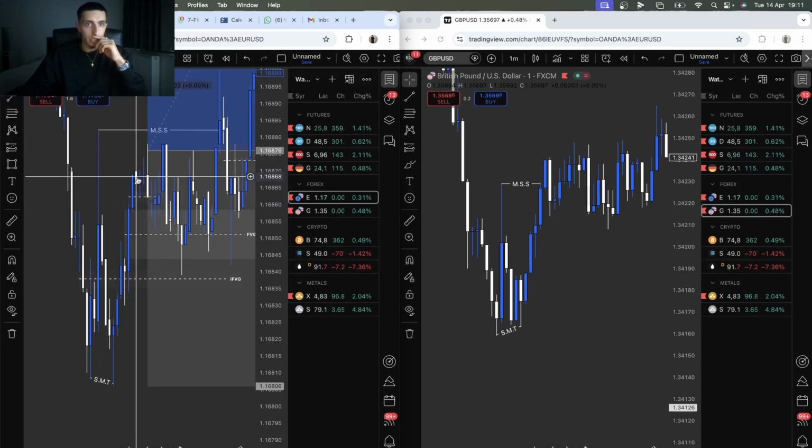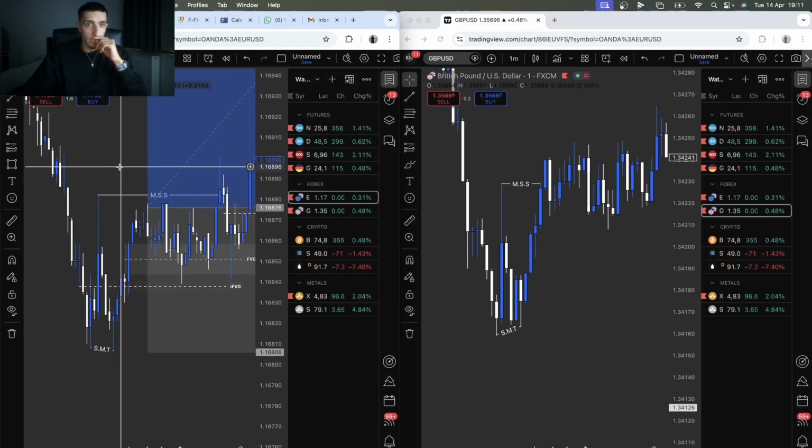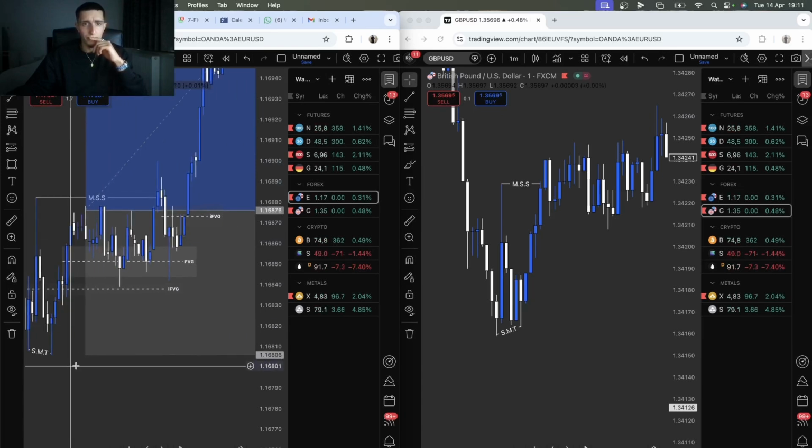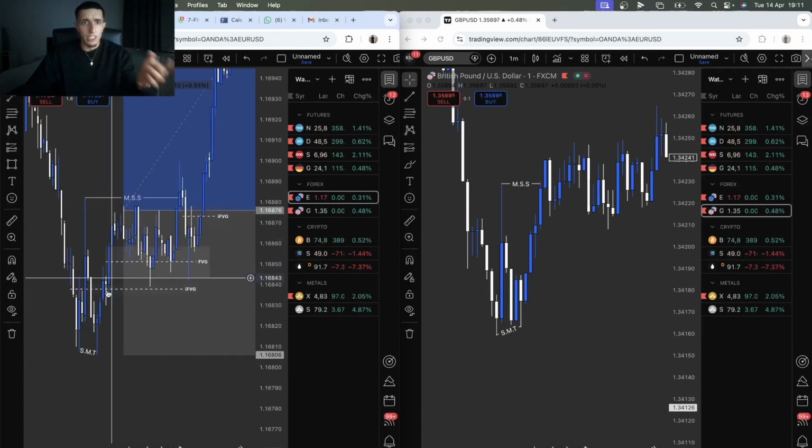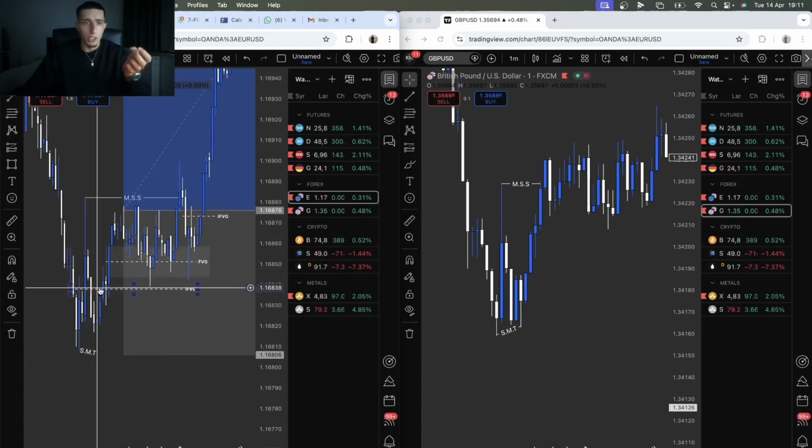As soon as it got respected, I entered and I set my stop at the SMT low right here. So SMT, inverse fair value gap for an extra confirmation, and market structure shift on both sides.